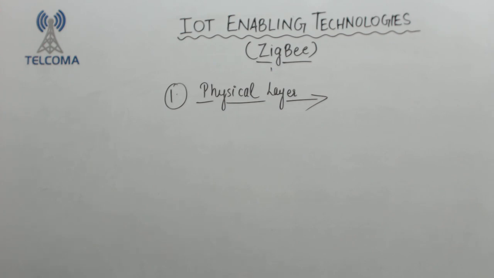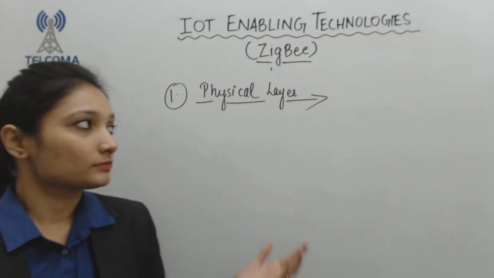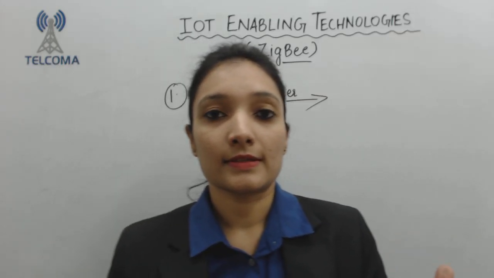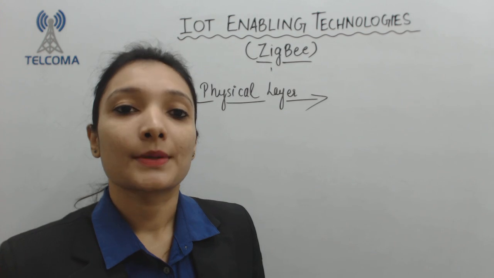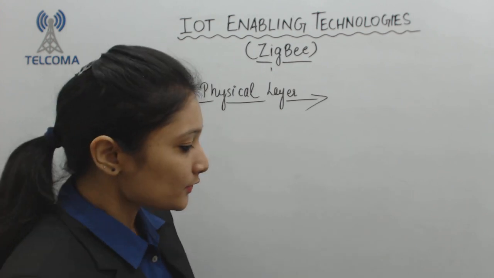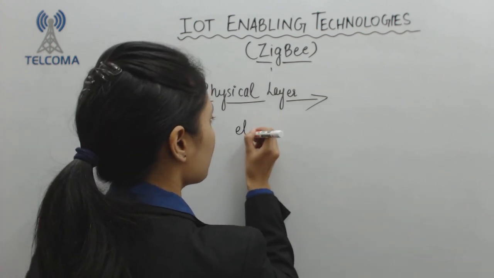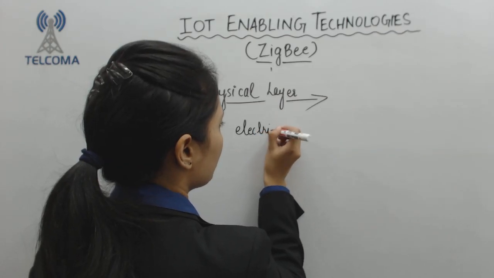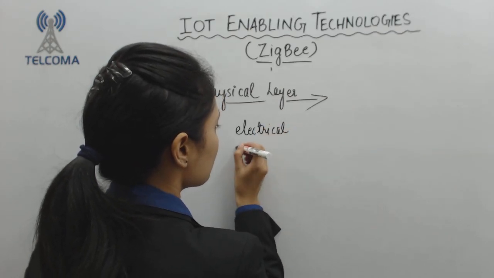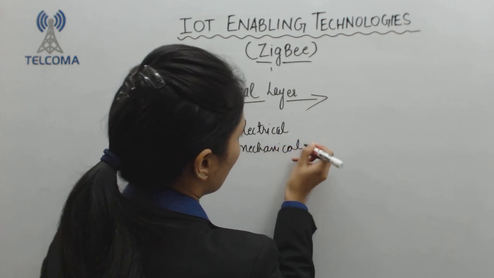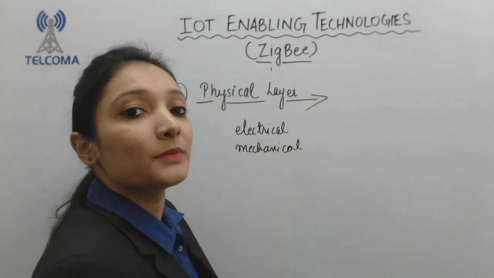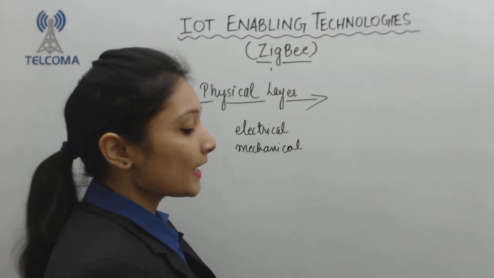Now, as we know, the physical layer of any system is concerned with the actual transmission and reception of the data. So it specifies the electrical specifications, the mechanical specifications, and the media through which your information is being transmitted.